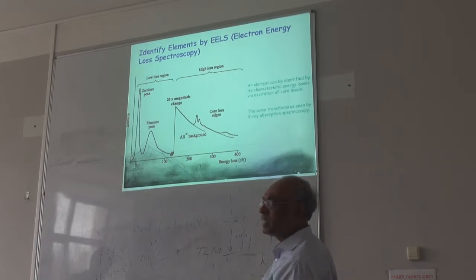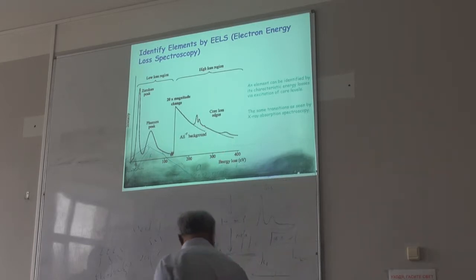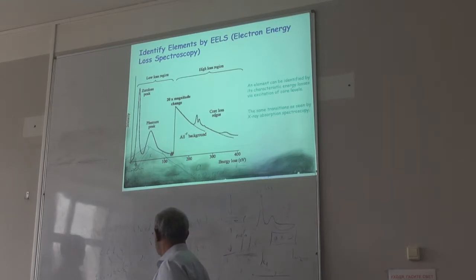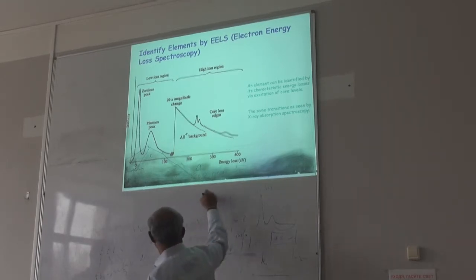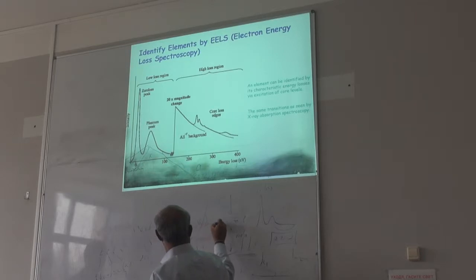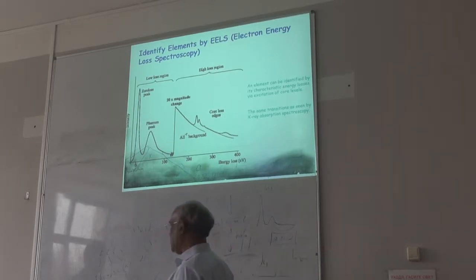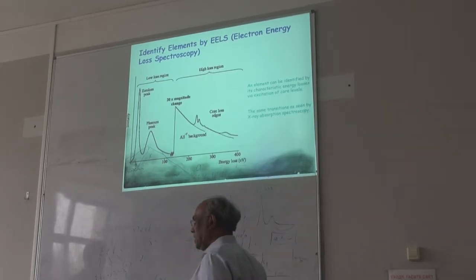These features are mostly coming from, I think everybody is familiar with this, if you have an atom, we have the K, L, M, all these levels, right? These we call the core electrons. Then we have the valence band, right? These features come mostly because we have electrons coming in. Those electrons will remove some of these electrons from the atoms, right?